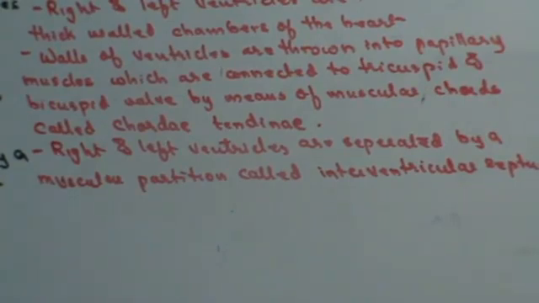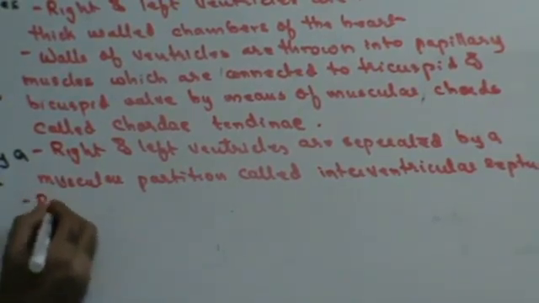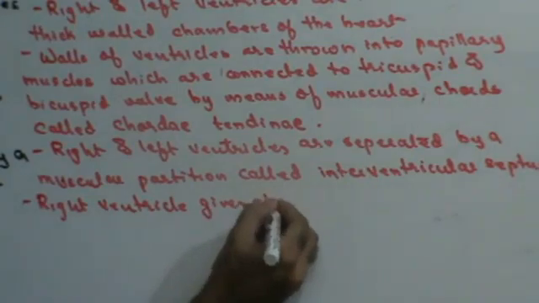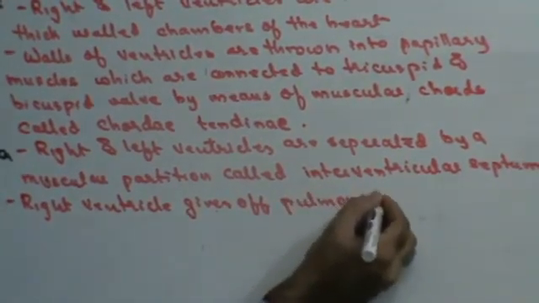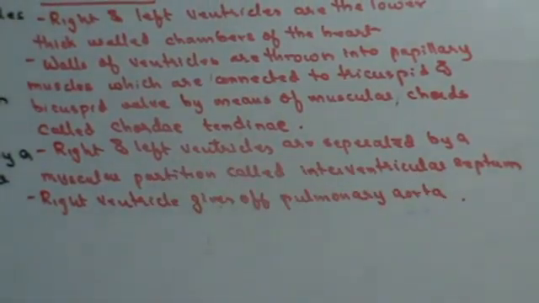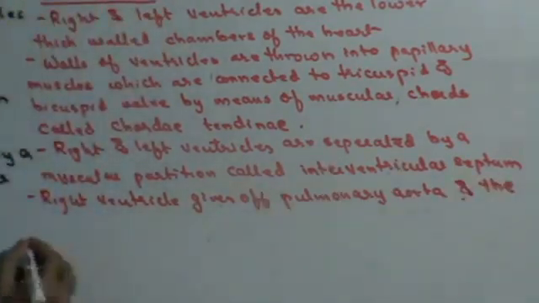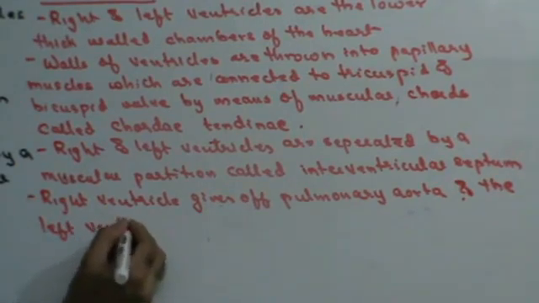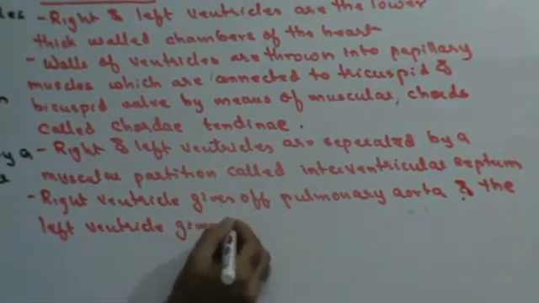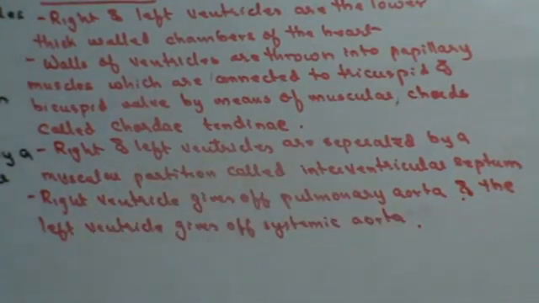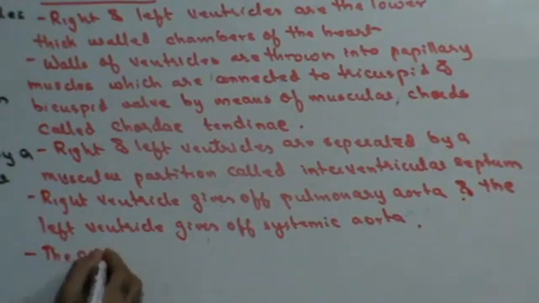The right ventricle gives off the pulmonary aorta, and the left ventricle gives off the systemic aorta. Fine.